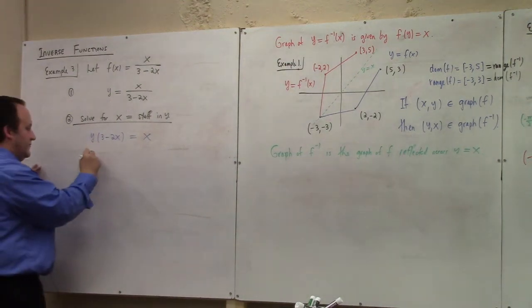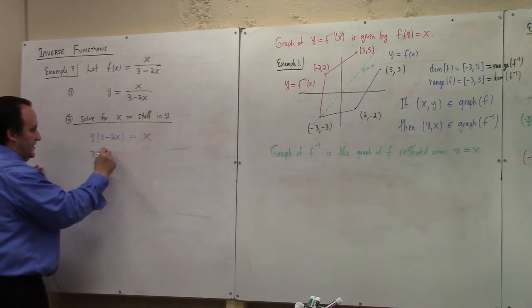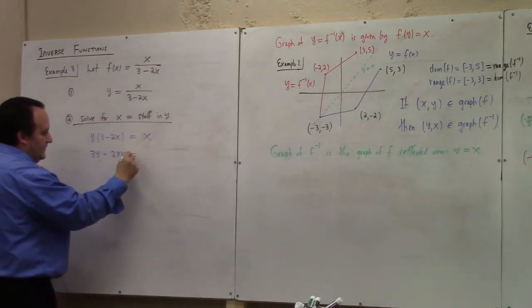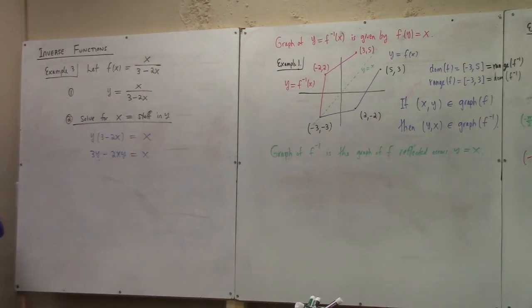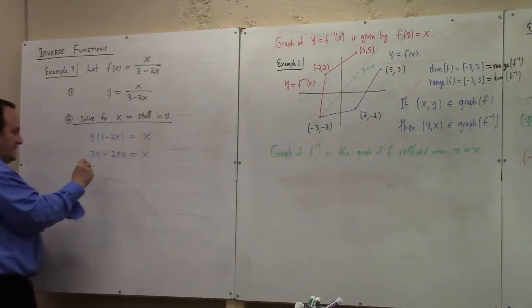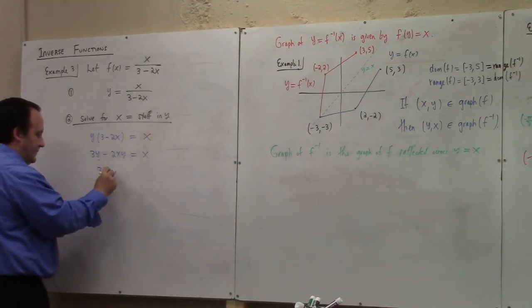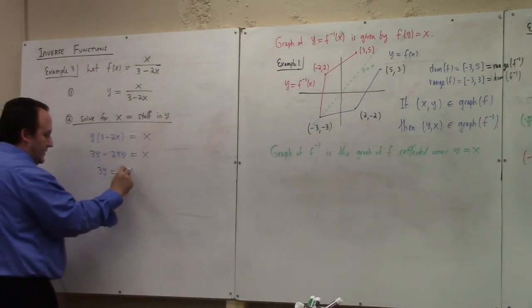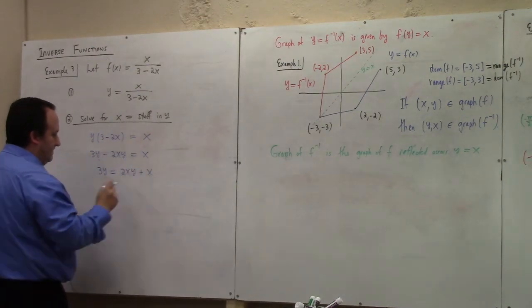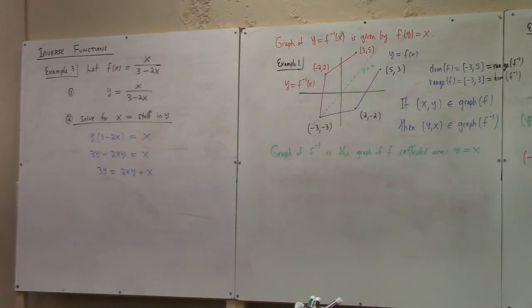I get 3y minus 2xy equals x. I want to isolate x. I want to get all my x's on one side so I can solve for it. So I'll say 3y is equal to 2xy plus x. So let's move the 2xy to the other side, which makes it plus.